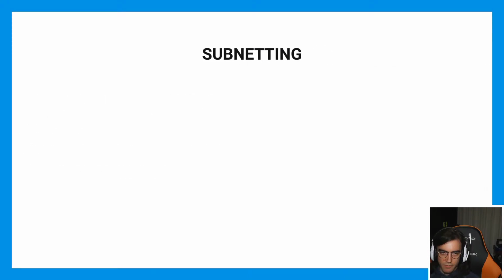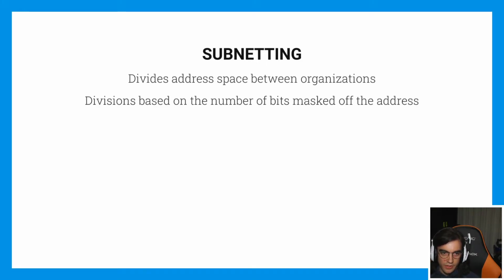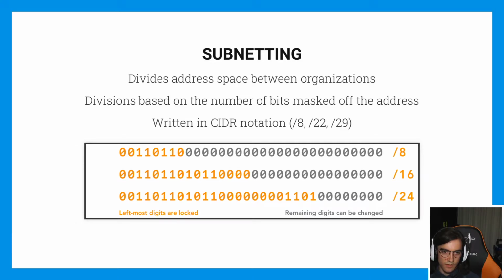And just briefly, I'm going to show you how we break those down, because that's a really big address space. And obviously, we don't use that all in one network. We use it in small subnetworks called subnets. We create divisions based on a subnet mask, which is the amount of bits that are masked off the end of the address. I found this really useful graph to show you how that works.